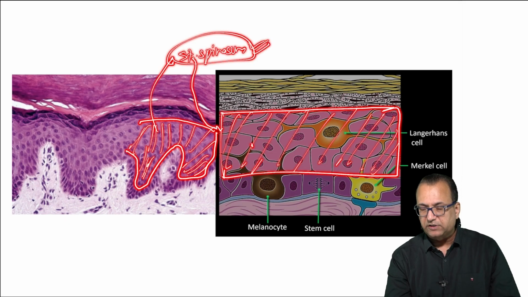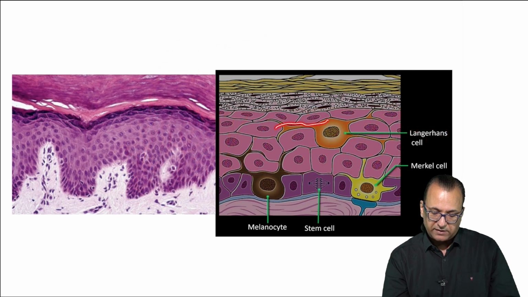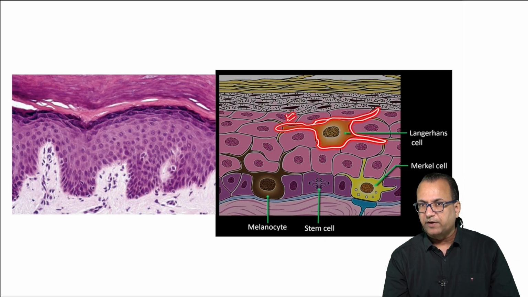Here you see one additional cell, which is the Langerhans cell. The Langerhans cell is an antigen presenting cell, and it will pick up the antigen from the skin and give it to the lymph nodes. It can be compromised in conditions like histiocytosis, with more Langerhans cells then. It has dendritic processes, and it is an antigen presenting cell in the stratum spinosum.